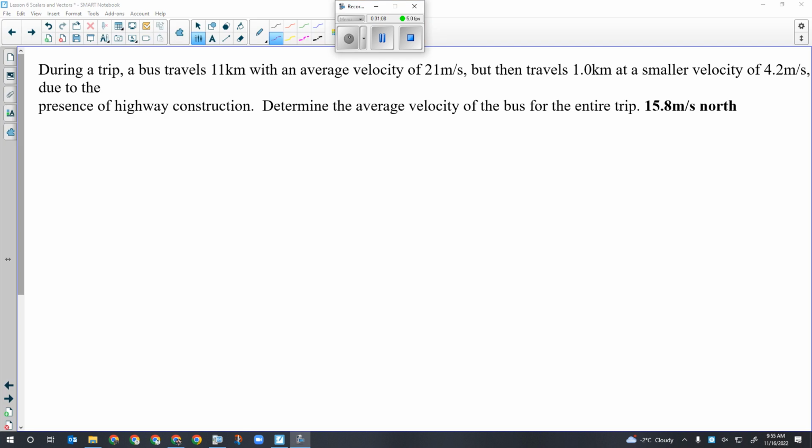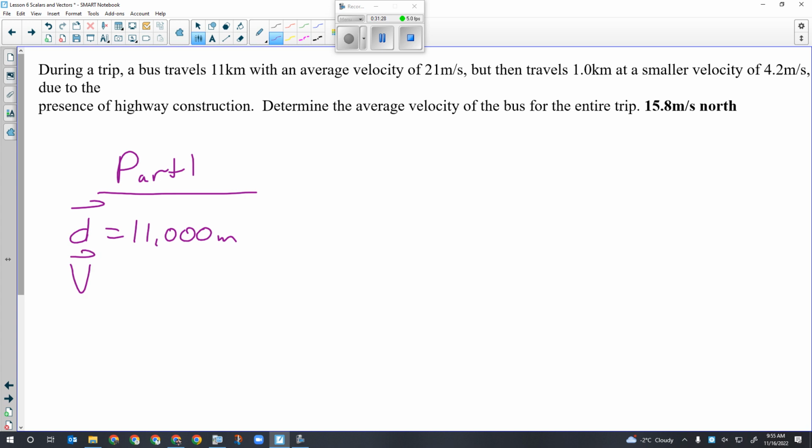For number 4, in part 1, we know that the bus travels 11,000 meters. Why did I convert it to meters? It was in kilometers, and what was my velocity in? Meters per second. I needed to make the units match.